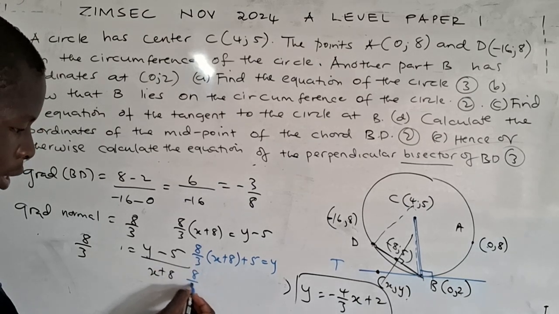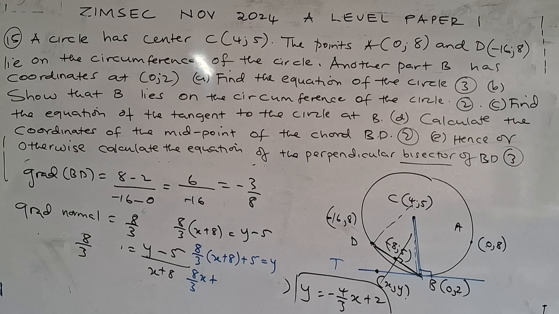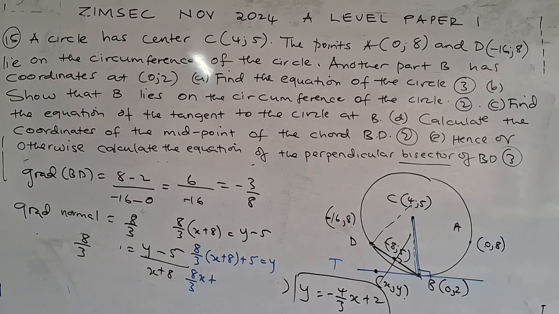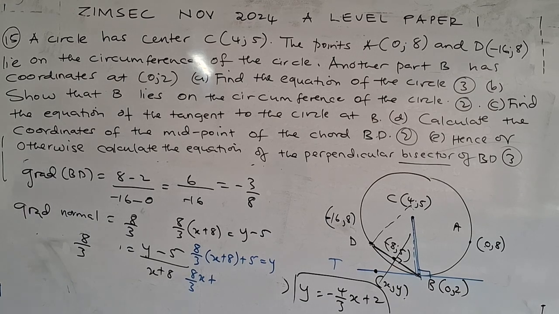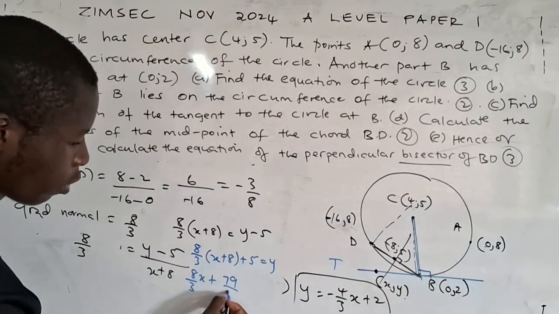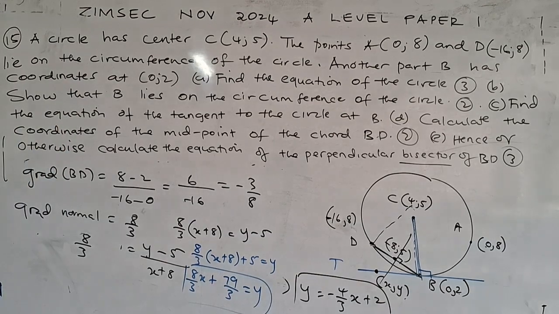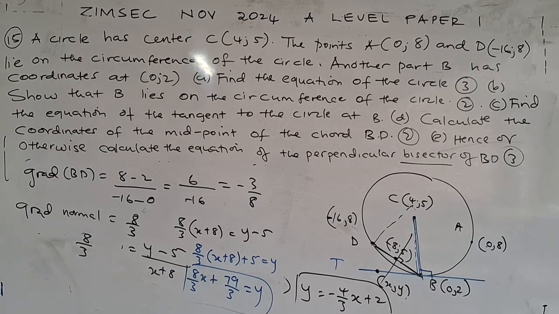This is 8 by 3 x plus 8 times 8 is 64, so it is 64 divided by 3, then plus 5, which gives 79 over 3, is equal to y. So this is the equation of the perpendicular bisector of BD.